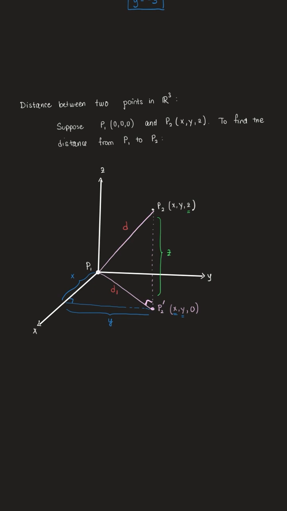So D sub 1 squared, using the Pythagorean theorem in this right triangle on the xy plane, equals x squared plus y squared, the lengths of our two legs squared. So D sub 1 is just the square root of x squared plus y squared.